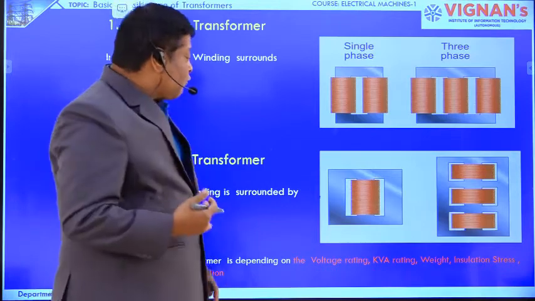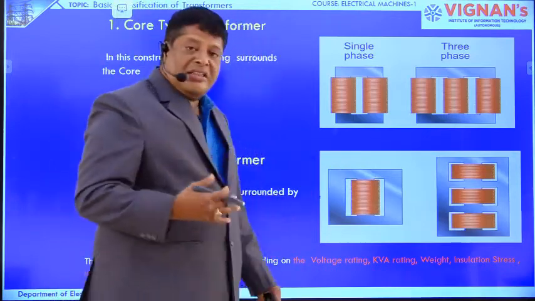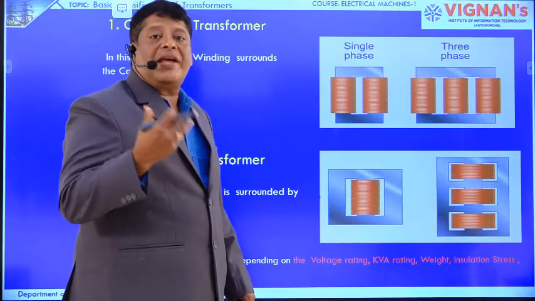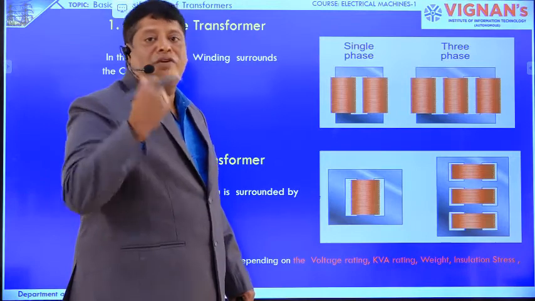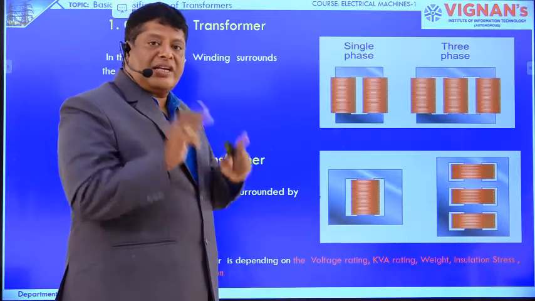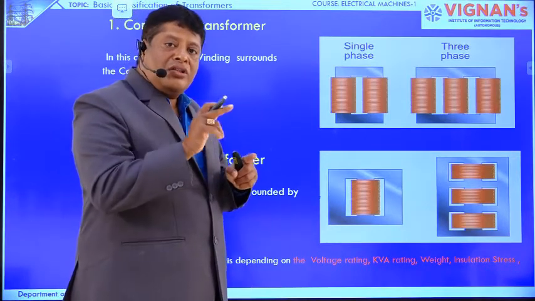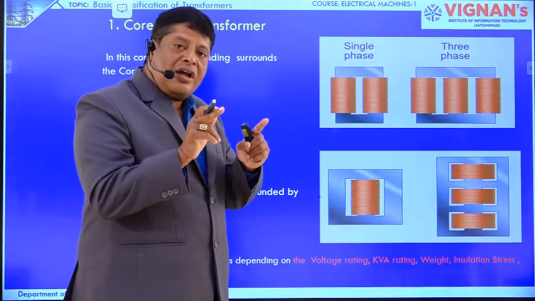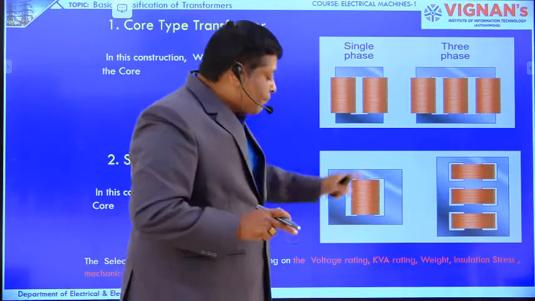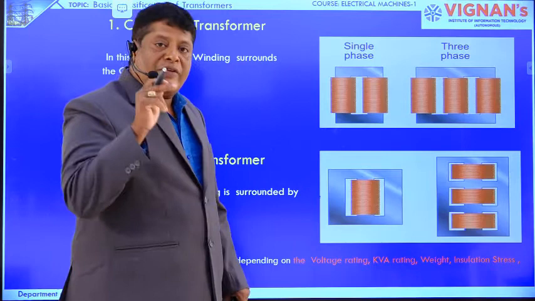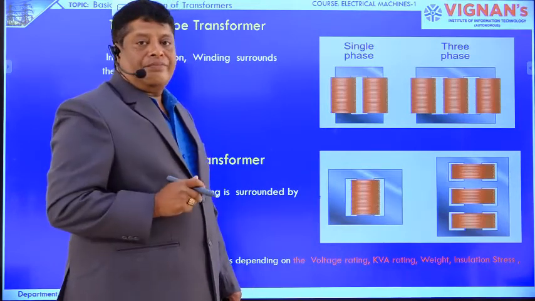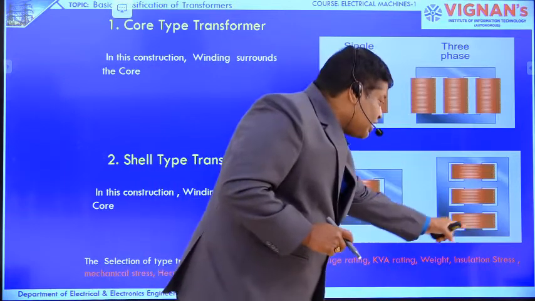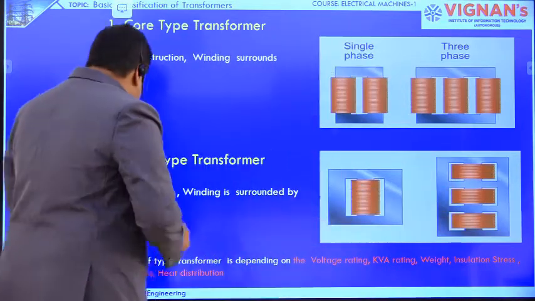When current is flowing through the conductor, some amount of stress is developed in every conductor. Every conductor is coated with some insulation because there is no electrical connection between any 2 conductors in a winding. Definitely we should provide some insulation to the conductor. So insulation stress also.